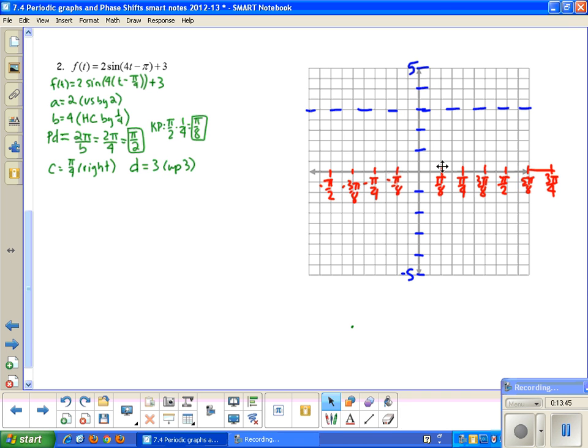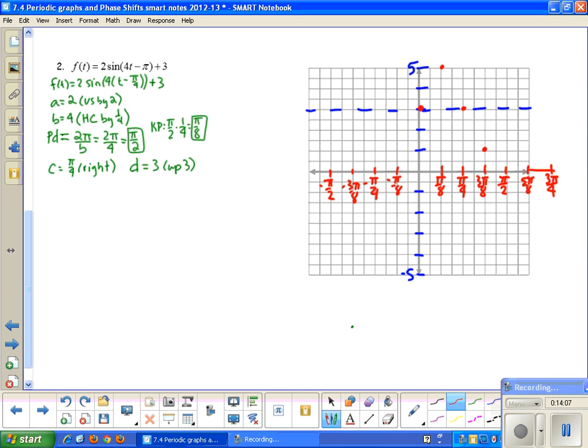And for this graph, I know that my amplitude has changed. Now my amplitude is 2, and this is a sine graph. So normally it starts at 0. So I'm still going to start here. And then the next one, remember, would go up to 5 because the amplitude is 2, so the distance from here to wherever my x-axis shifted should be 2, which it is. The next point would be right here, which would be 0.